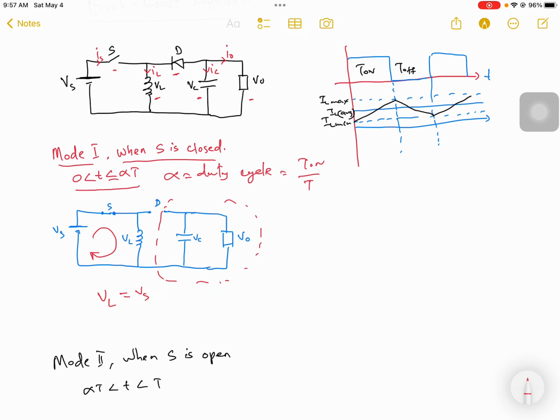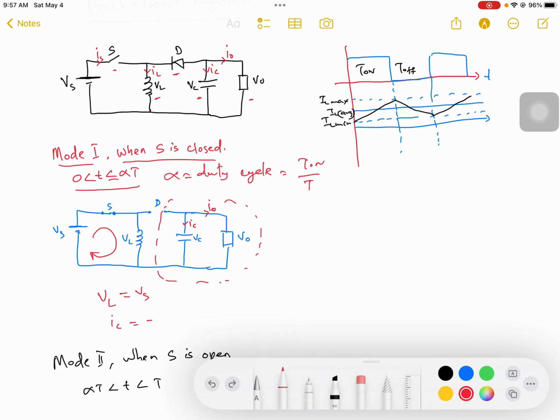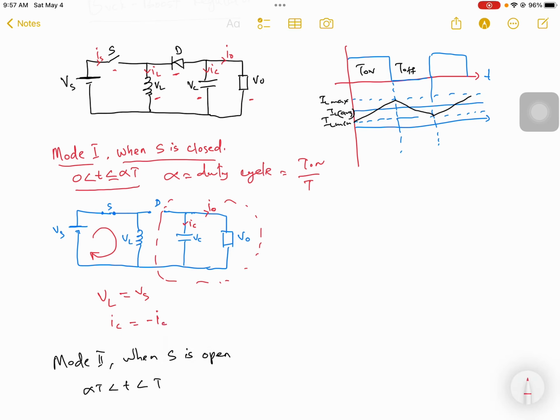And if you want to calculate the output current, we have capacitor current IC here and I naught the load current. So your capacitor current IC will be negative of I naught. I'm simply applying the KCL at node A. So let's say this one is node A.